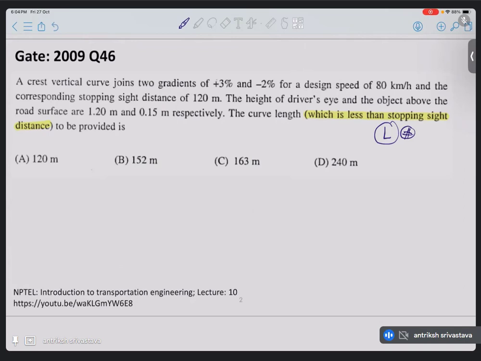So you remember we have two formulas to calculate the curve length in case of the summit curve.